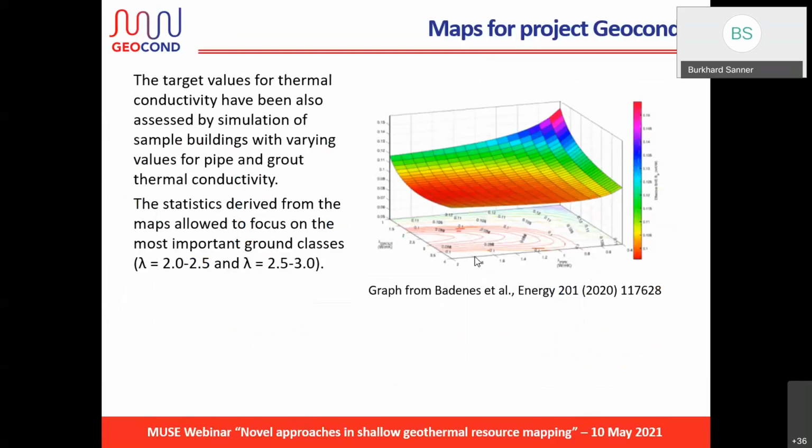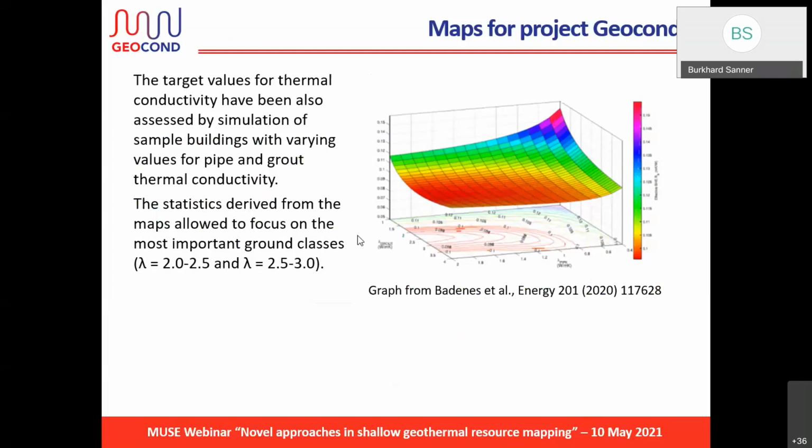This is pipe thermal conductivity. The required bore length here, or in this case, I think it is, well, what value do we have here? Yeah, well, it's a measure of efficiency we've used.